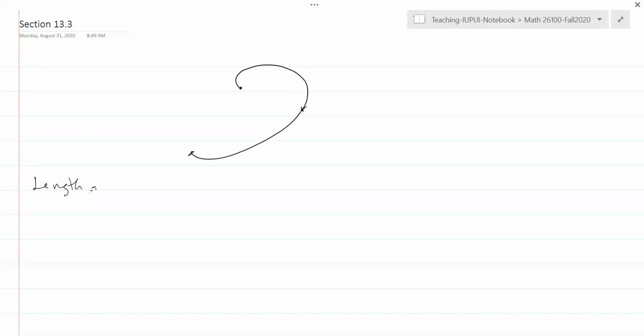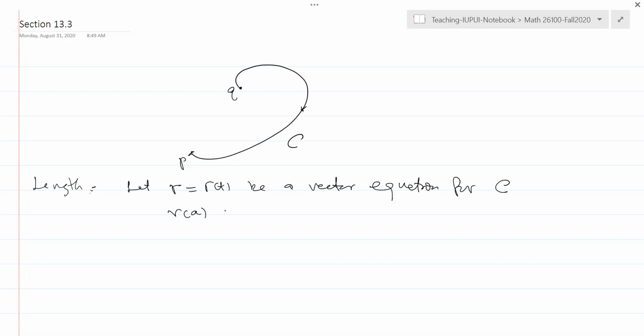We assume that the curve C has a vector equation, so that r(t) is a vector equation for the entire curve C. That means we have a starting point P at t = a, and an end point Q at t = b.